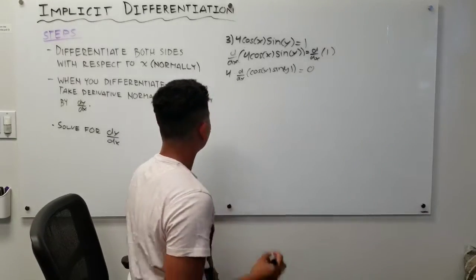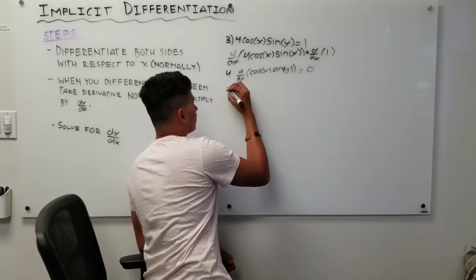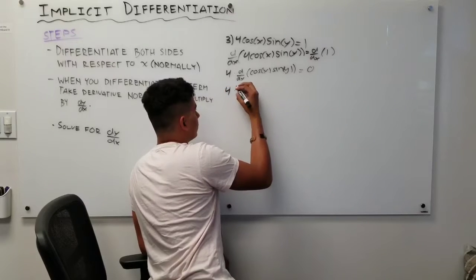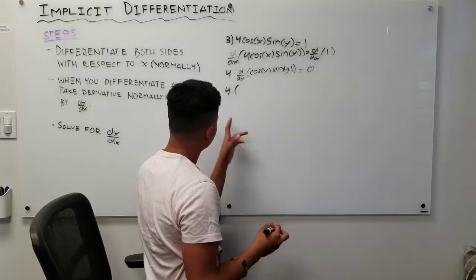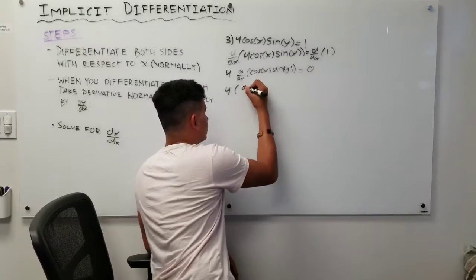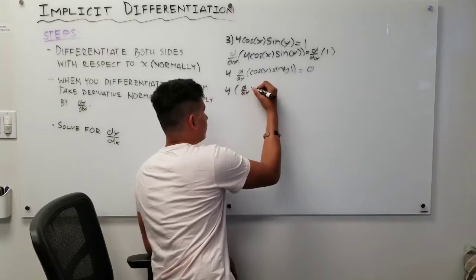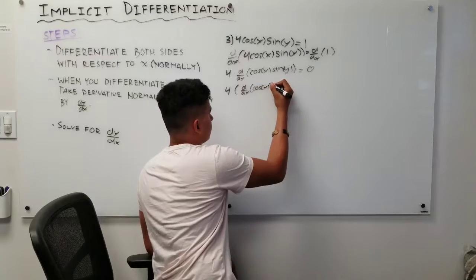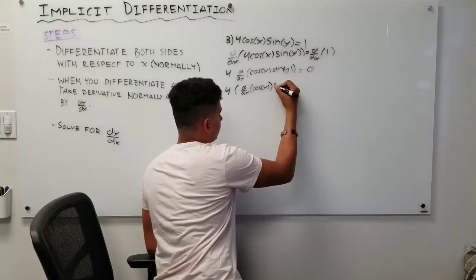So what are we going to do now? We're going to take the product rule of this. So 4 times, on the outside of this, and you're going to take the derivative of cos x first. So d dx of cos x times sine y.